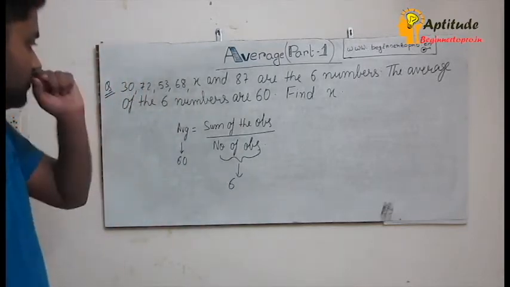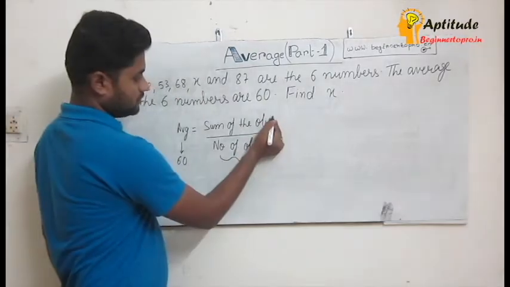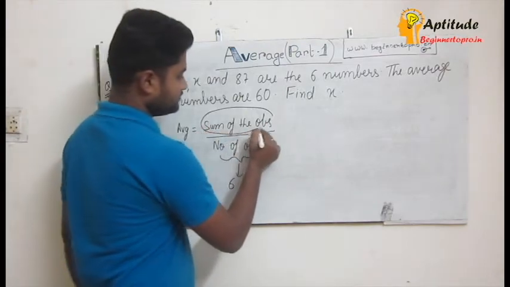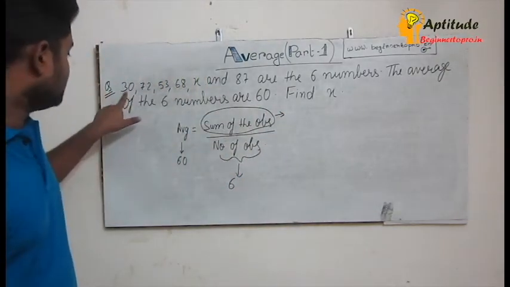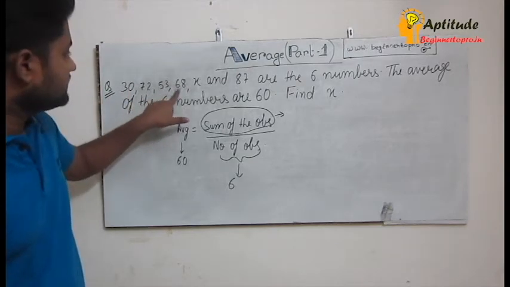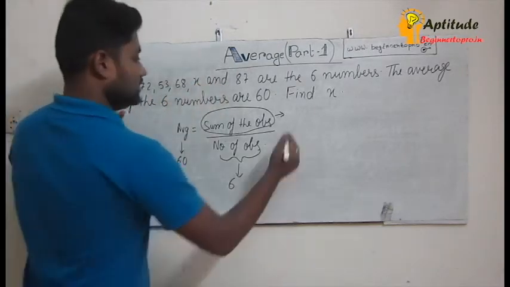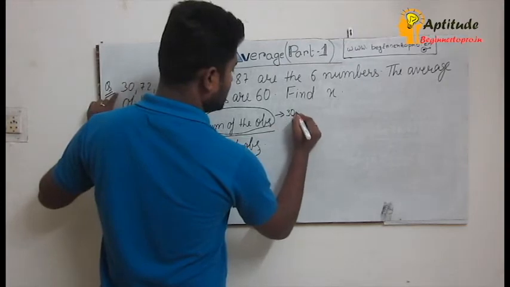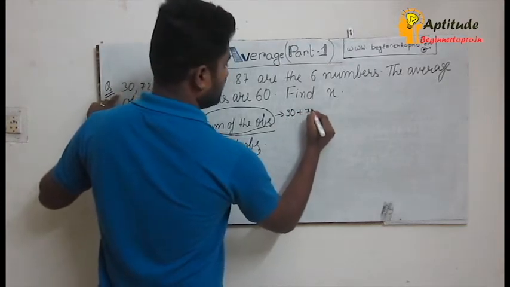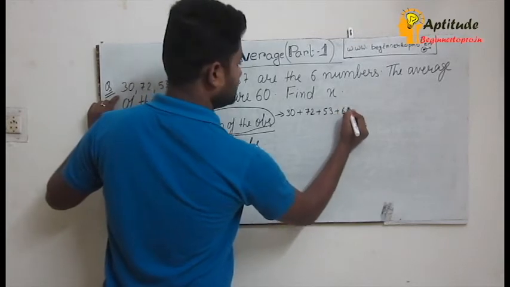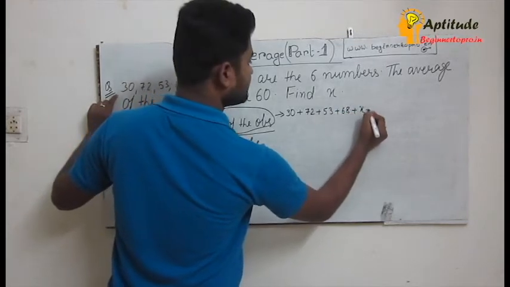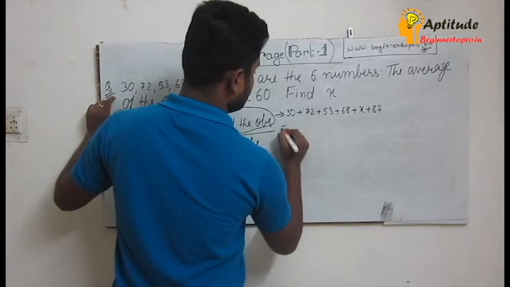And what will be the sum of all observations? To find it, we simply add 30, 72, 53, 68, x and 87. We can write 30 plus 72 plus 53 plus 68 plus x plus 87.